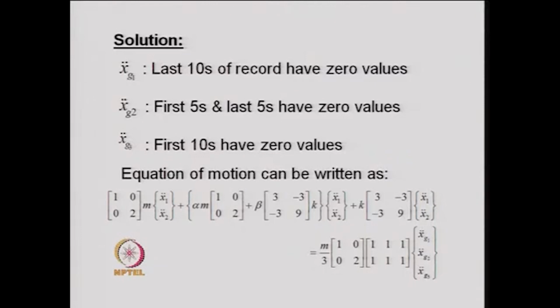Now, with these 3 distinct ground motions, we write down the equation of motion for the system. This has 2 non-support degrees of freedom, and the support degrees of freedom are 3, and they are shown over here. These are the 3 ground accelerations, and the R matrix we computed before as 1/3, 1 1 1 1 1 1.